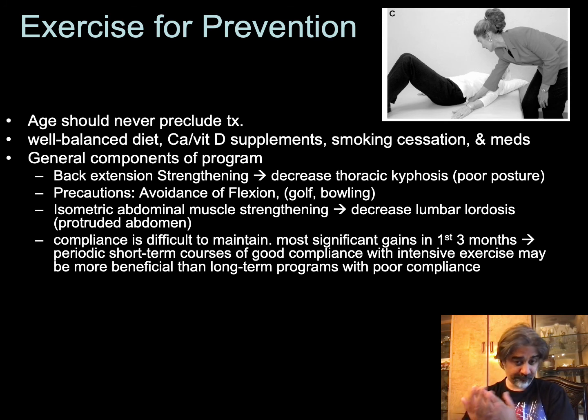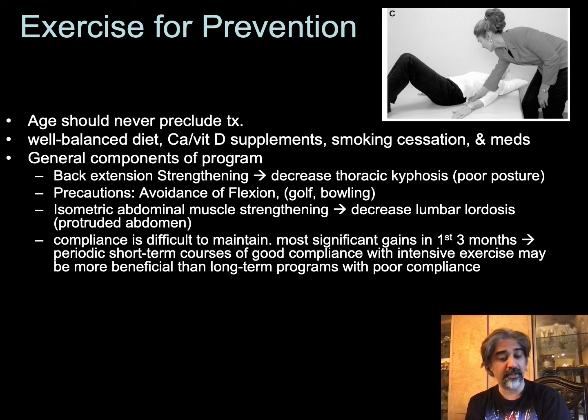In fact, you try to avoid any kind of flexion, so it's an extension-based program, unless you're specifically dealing with someone who wants to do a lot of golfing or bowling. You can start with isometric abdominal muscle strengthening and then progress to other kinds of abdominal strengthening. And this will also help with the lordosis and the protruded abdomen.